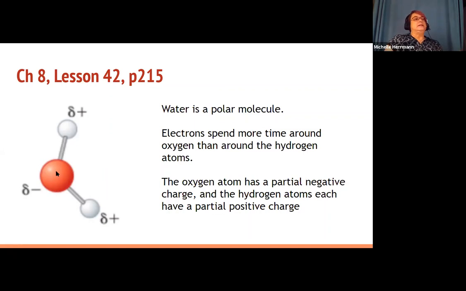This means that the electrons, which are negatively charged, are more around oxygen, so oxygen will have a slight negative charge. This little squiggly symbol is a lowercase Greek letter delta. It means that it has a little bit of charge, so it's a little bit negative. And the hydrogens have a partial positive charge because the electrons don't spend time over there.